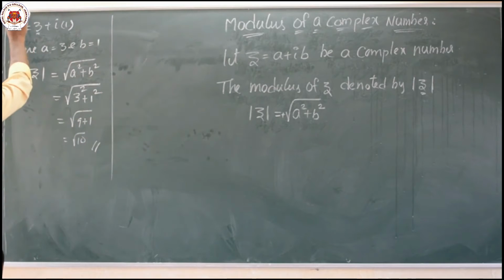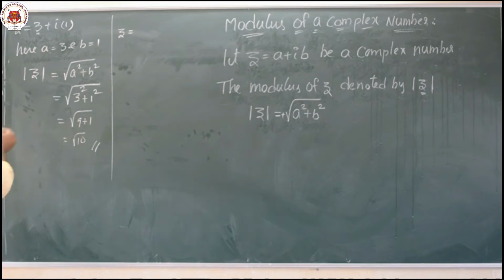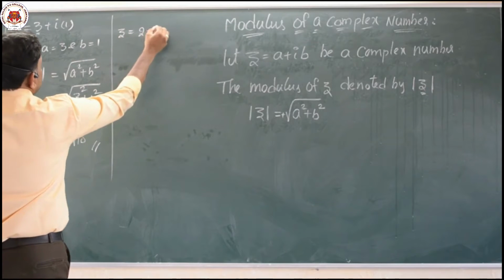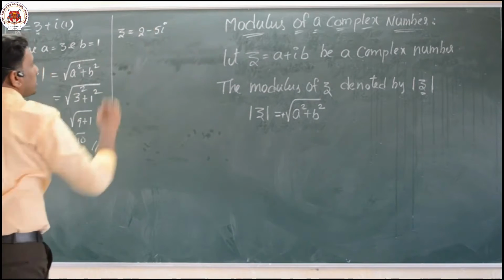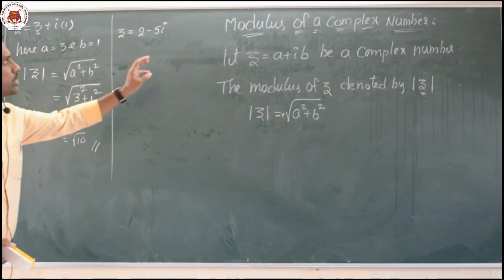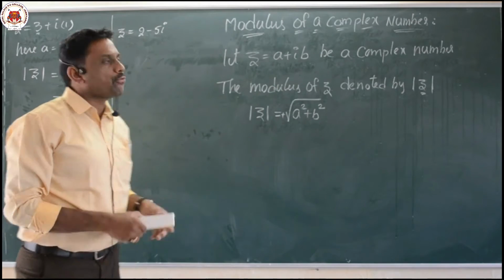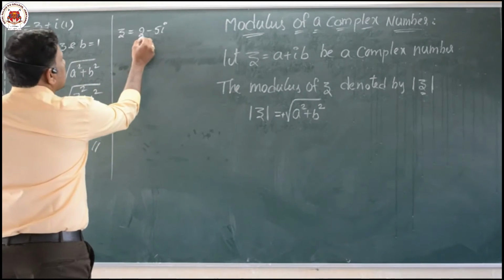We'll take another example on this. The second example is one complex number. We'll take Z equal to 2 minus 5i. For 2 minus 5i, first we have to convert. Always whatever complex number we have, we have to convert it into the form A plus iB. So this is called the real part.